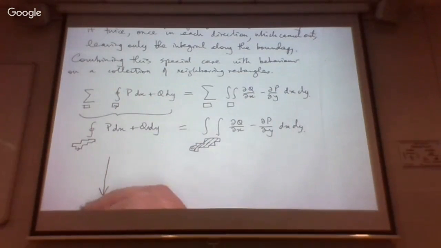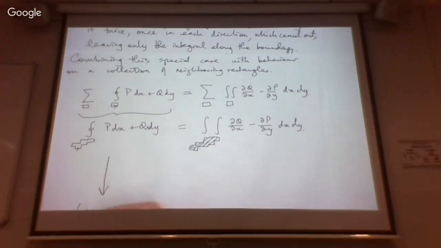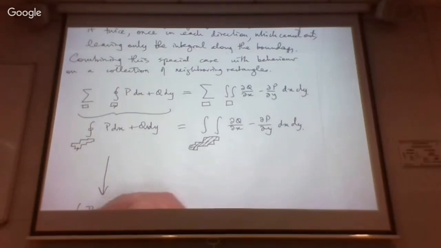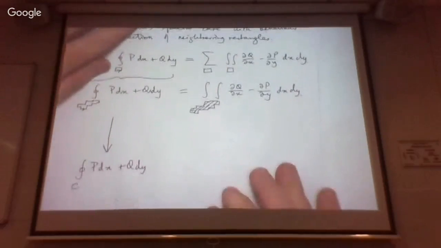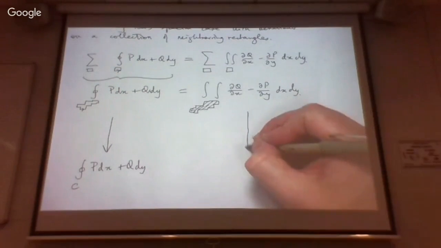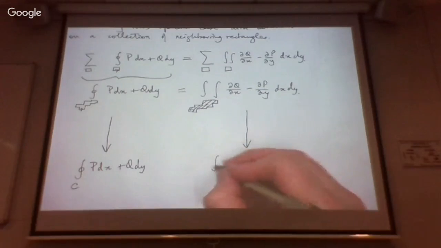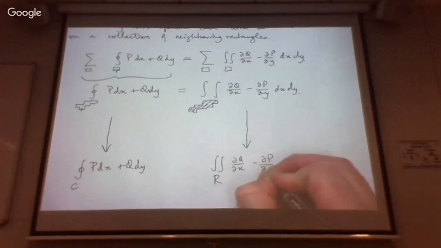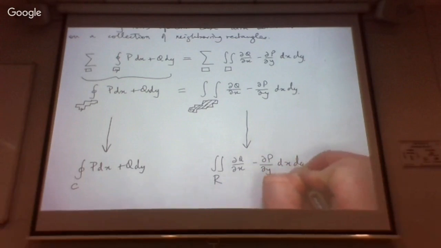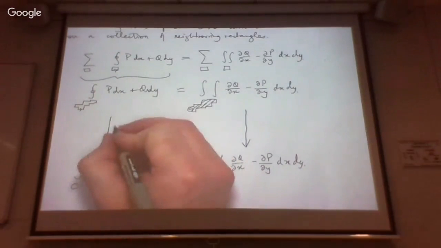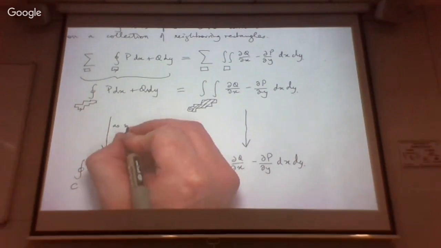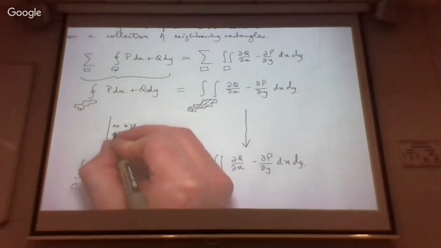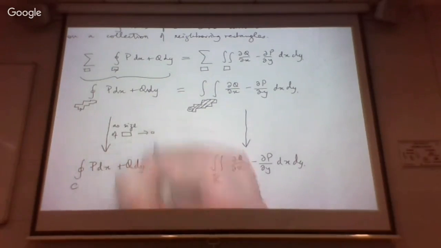This can be made into the integral along any curve, P dx plus Q dy. And this can go to the integral over a region R, dQ/dx minus dP/dy, dx dy. And the limiting thing here is as the size of the rectangles goes to 0.